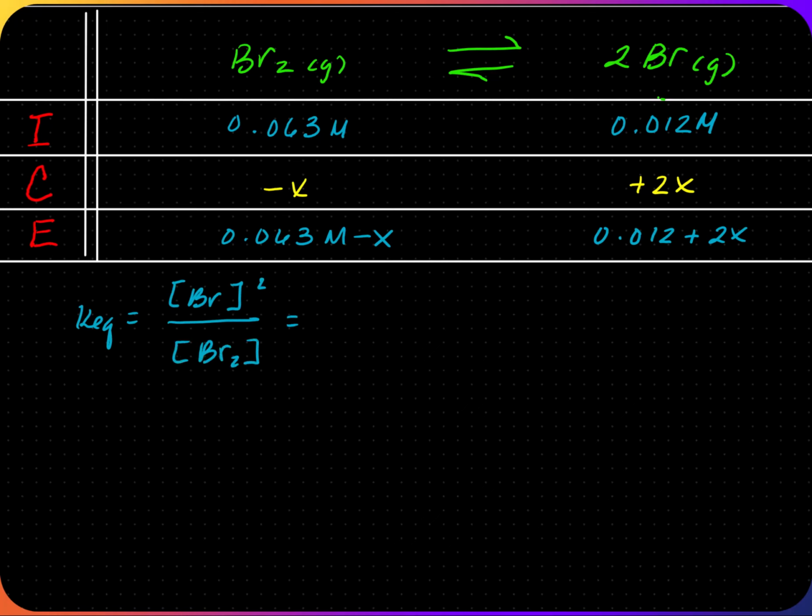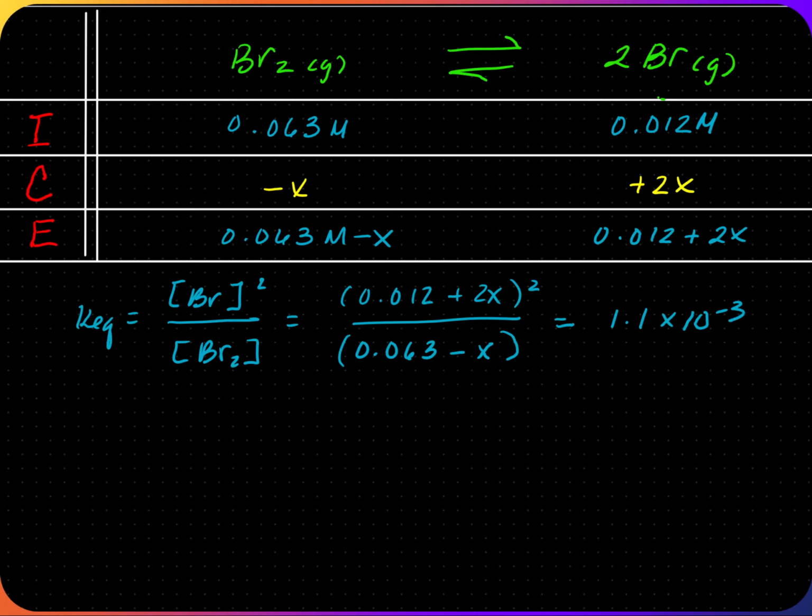This is going to be equal to Br at equilibrium, which is 0.012 plus 2x, squared, over Br2, which is 0.063 minus x at equilibrium. This is equal to the equilibrium constant, which was given as 1.1 times 10 to the negative third. Now we need to rearrange this to solve for x.